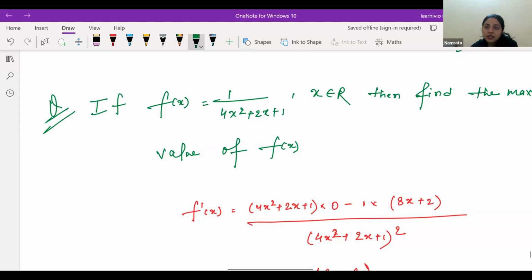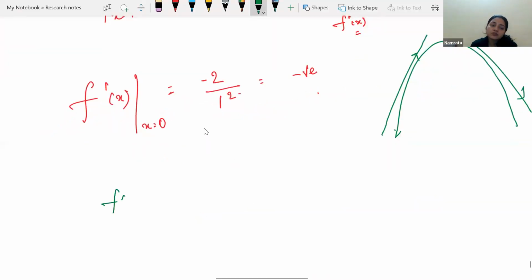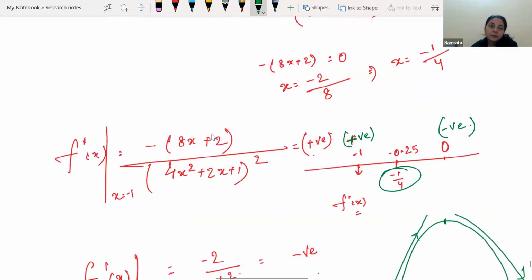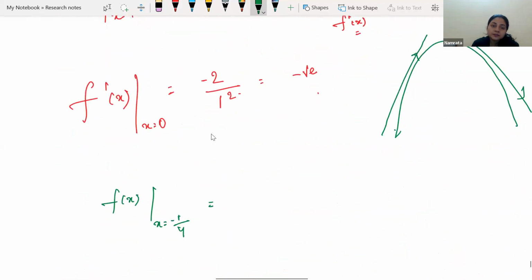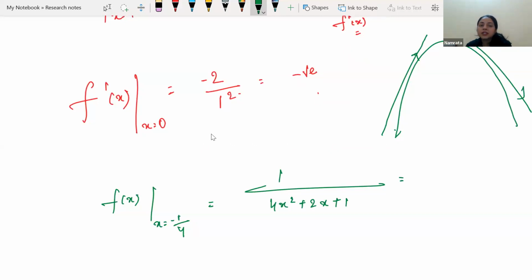F of x we have to find when x equals minus 1 by 4, the point of maximum. That will be the maximum value of the function. So 1 by 4x square plus 2x plus 1. Please do the calculation and let me know the answer quickly. Meanwhile, I am checking another question.